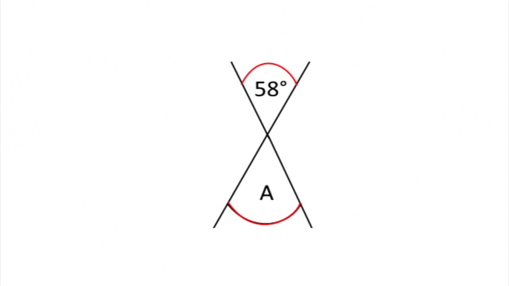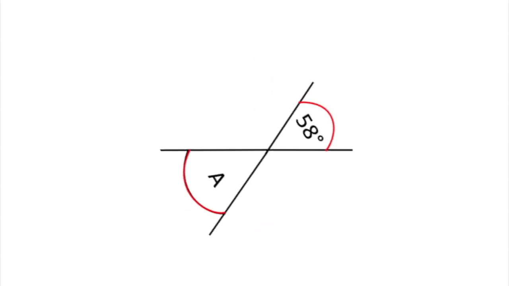What I'm going to do is rotate these two angles, this shape that we've got, so that one of the lines lies exactly flat, absolutely horizontal. So there we have it. What you'll notice is that we have a straight line now.